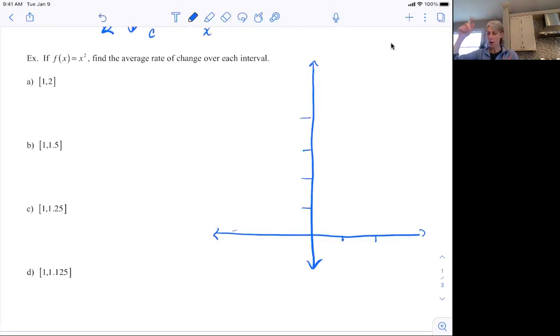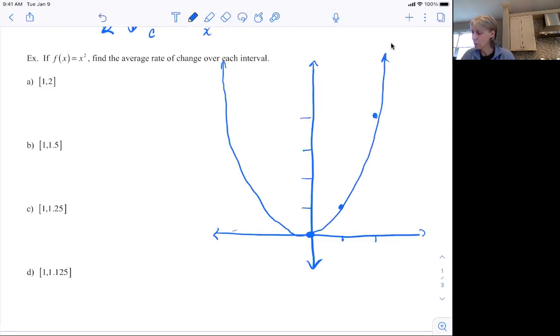So our x squared, our parabola: 0, 0, 1, 1, 2, 4. I'm not sure if that's going to do what we have to do, but hopefully it'll be okay. Okay, so there's my picture, y equals x squared.